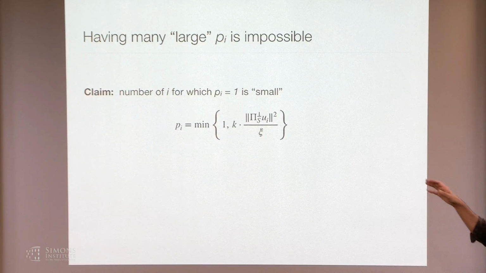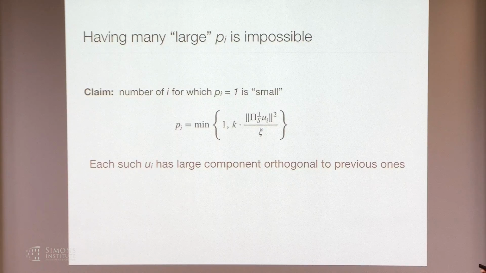I will say what small means here. The reason is that every such ui will always be chosen because pi will be 1, and every such ui has a large component orthogonal to the previous ones. What is small? The number of such indices, the size of the set that you pick.